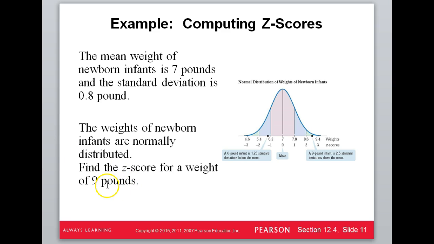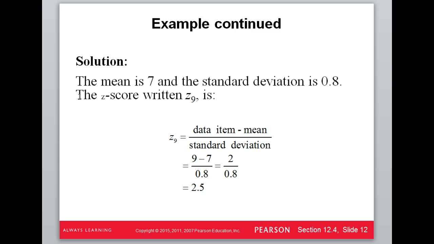So we take the weight that we're given, 9, we subtract the mean, and we divide by the standard deviation. So what would that look like? Data item minus the mean divided by standard deviation. So 9 minus 7 divided by 0.8, 2 divided by 0.8 gives us about 2.5 for our z-score.